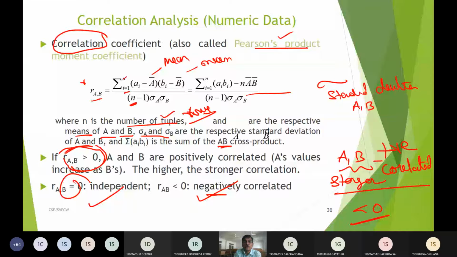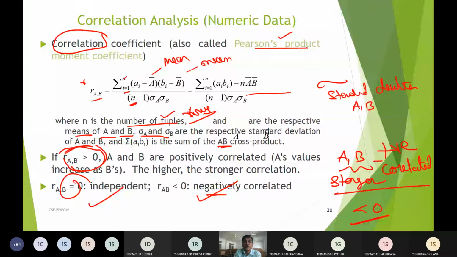The values are going to be taken between -1 to 0, 0.40, and finally to 1. So this is +1, this is -1.